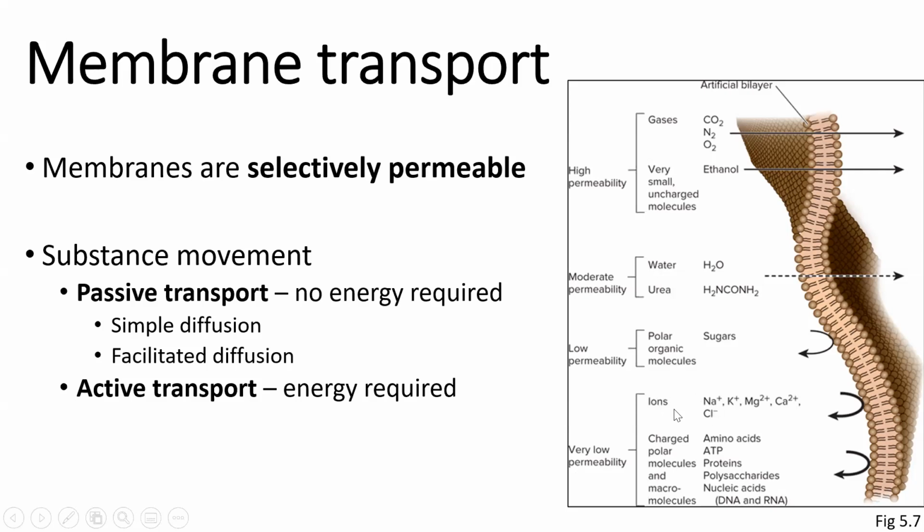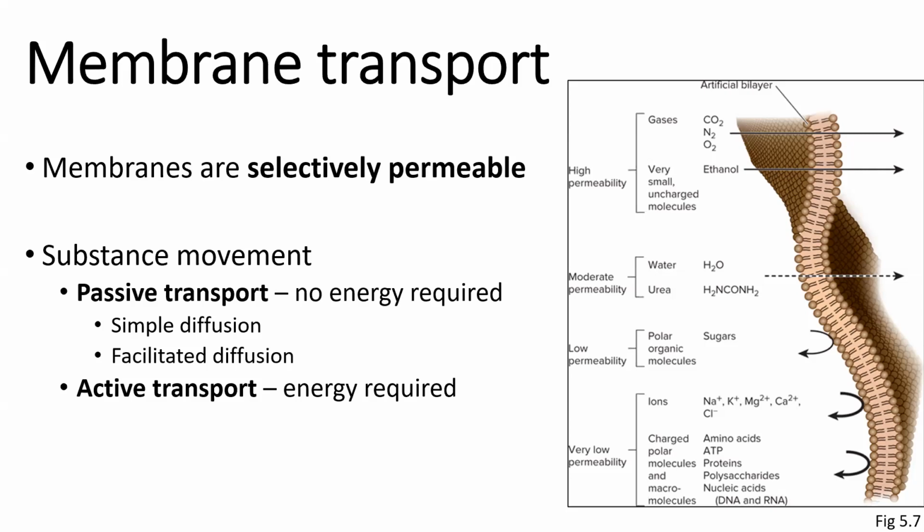Finally, you have very low permeability substances. And we describe these as ions or charged polar molecules, and then macromolecules, those ginormous molecules that we talked about. So ions, anything in your body that you consume that can become an ion needs help to cross the membrane.